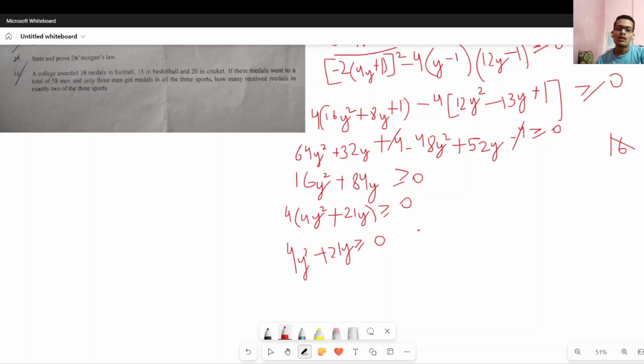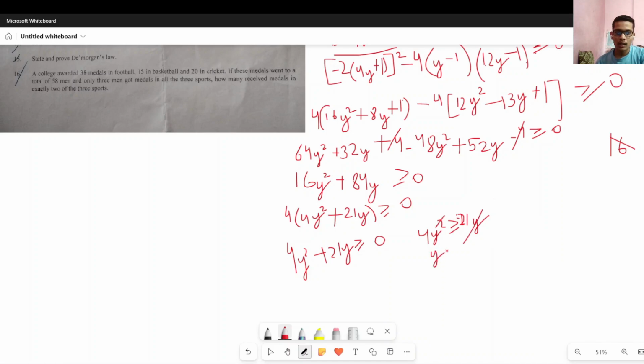Okay, which we can write as 4y square greater than or equal to negative of 21y. This square and this y cancelled.